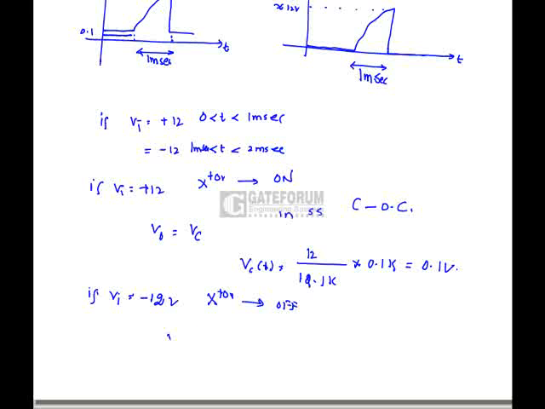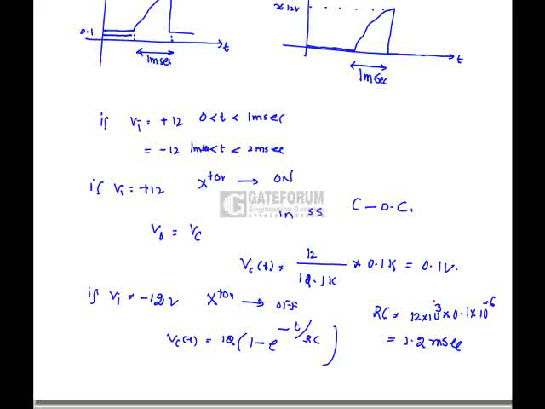So the Vc of t is nothing but 12 into 1 minus e power minus t by RC. Here RC is the time constant, that is 12 into 10 power 3 into 0.1 into 10 power minus 6, which is 1.2 milliseconds.